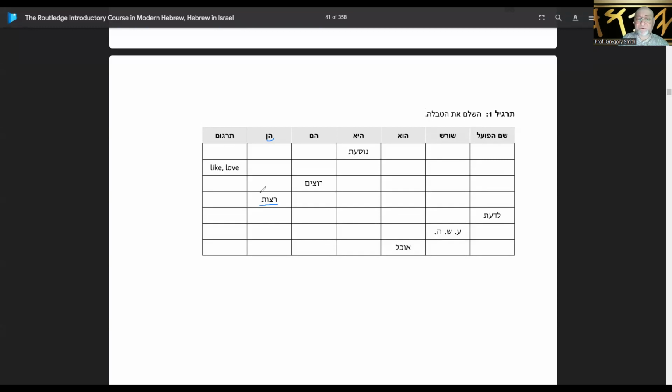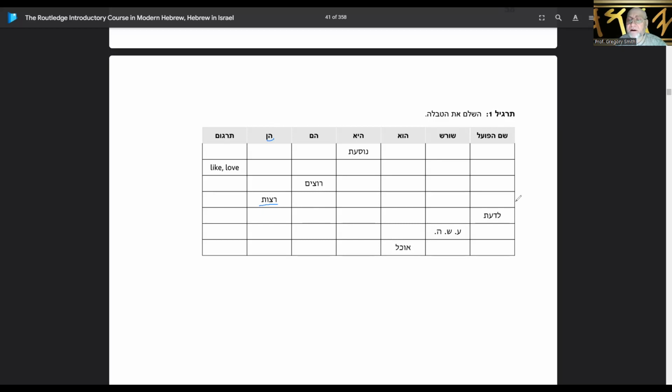This is the one that I got confused with because of the resh and the zadi. This is the one that I was thinking of. It's the run one, to run. So in this case, you have they ran, which is ratzot. Ratzot, they ran, and that's the only one they're giving us.